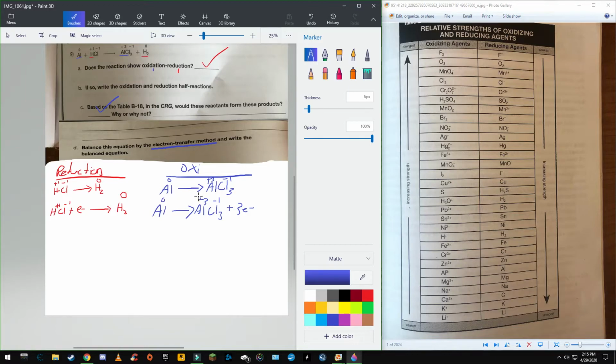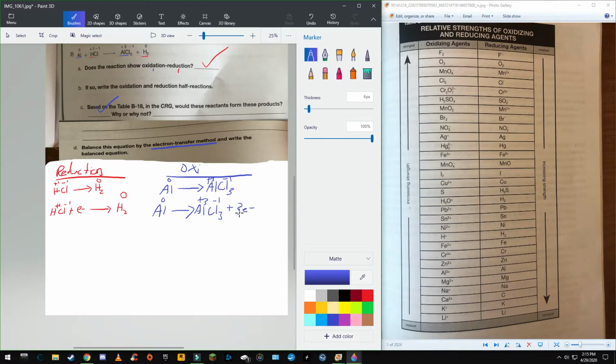They had some ideas. Each one had a different idea. One just assumed it was just balancing while showing the electron charge up top. Another one was a very complex method that I've done before, and it's very, very complex. That's the difficult part. And they didn't give you a lot of room to work that in, so I would have to say they're not trying to ask for that.